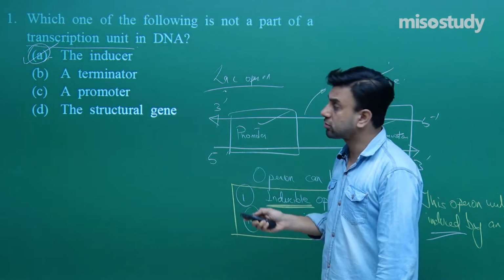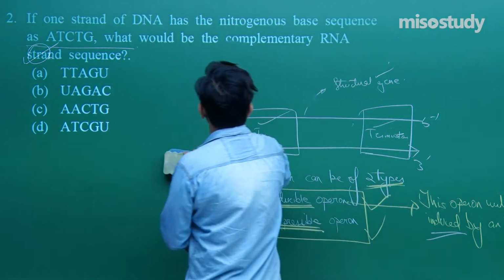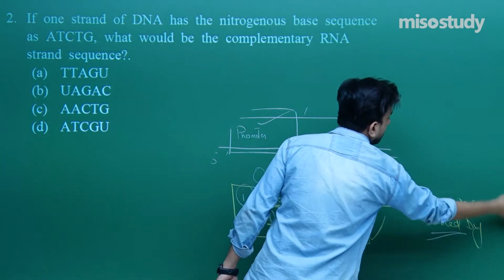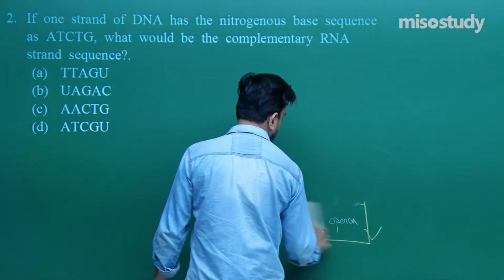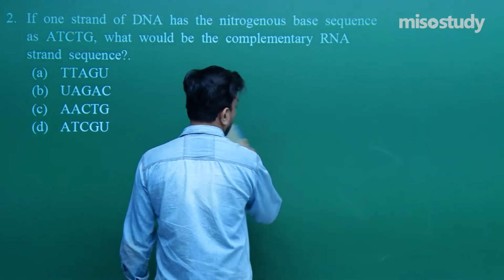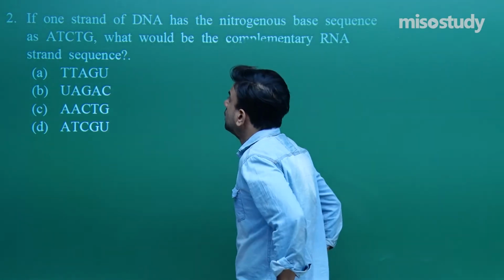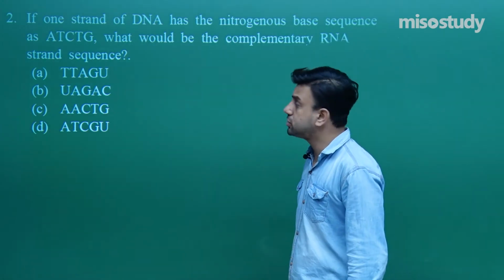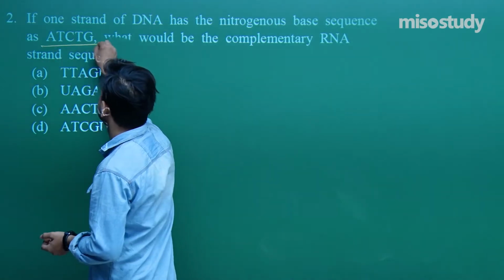So we move on to the next question. If one strand of DNA has a nitrogenous base sequence of ATCTG, what would be the complementary strand sequence?